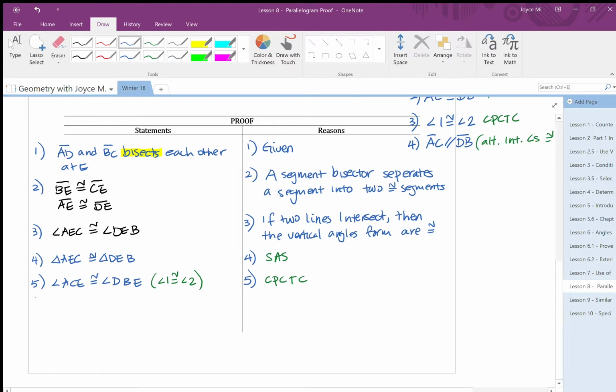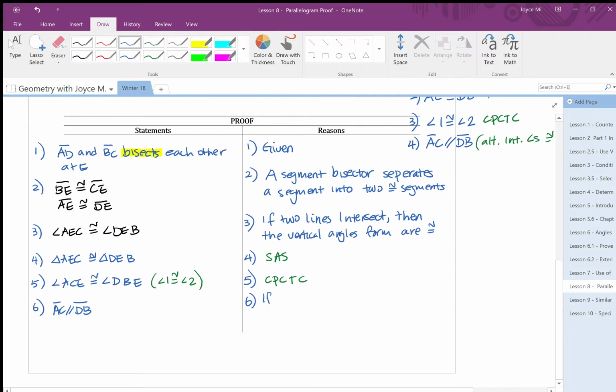So number 6, I could make the conclusion that AC is parallel to DB. Well, we said if alternating interior angles are congruent, then the lines are parallel. The lines that form those angles are parallel.